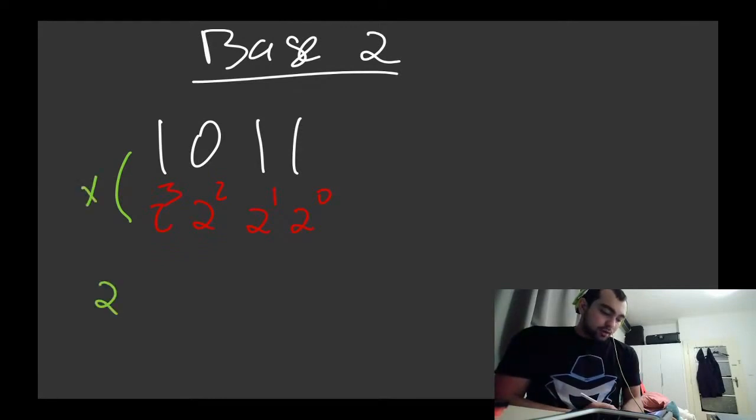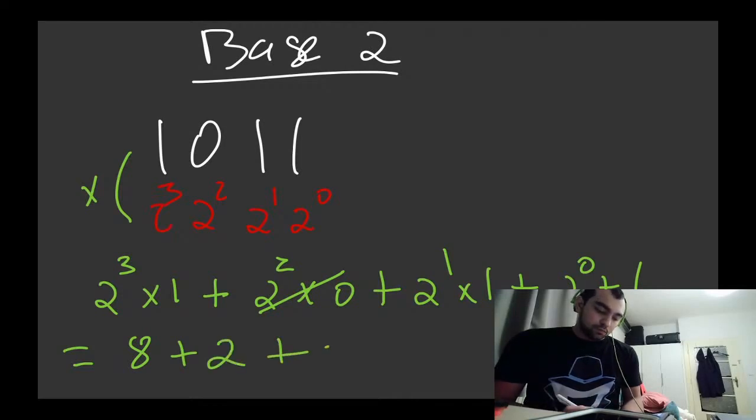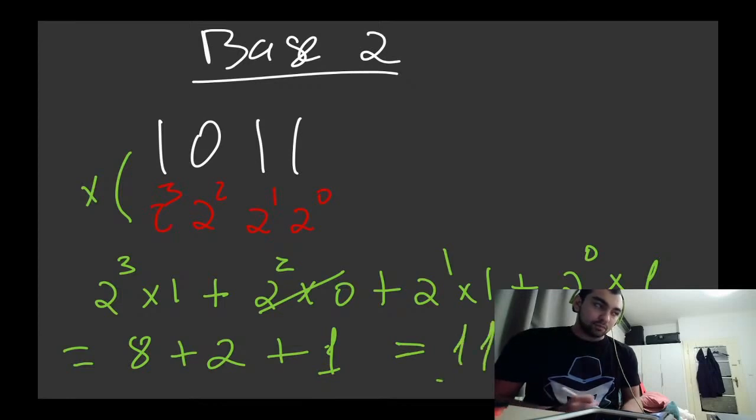So 2 to the power of 3 times 1, plus 2 to the power of 2 times 0, plus 2 to the power of 1 times 1, plus 2 to the power of 0 times 1. Now, 2 to the power of 3 times 1 is 8. 2 to the power of 2 times 0 is just 0. 2 to the power of 1 times 1 is 2. 2 to the power of 0 times 1 is 1. So 8, 10, 11.